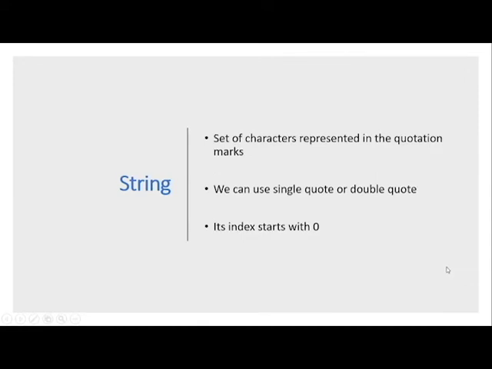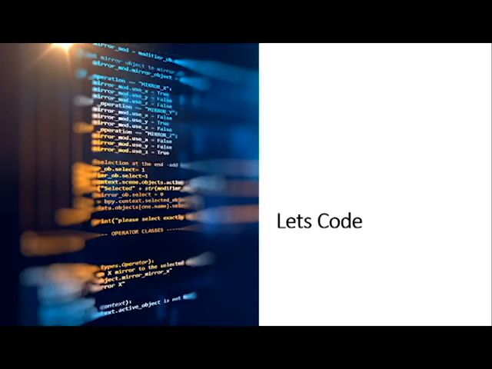Strings in Python are a set of characters represented in quotation marks. Python allows us to use single quotes or double quotes, and its index starts with 0. So now let's practically implement and learn how to code data types in Python.